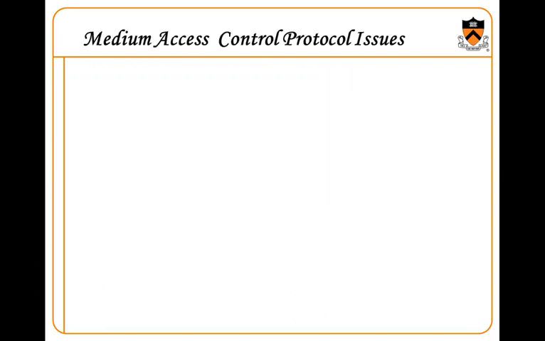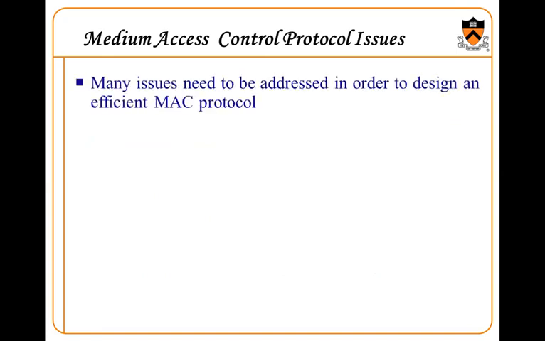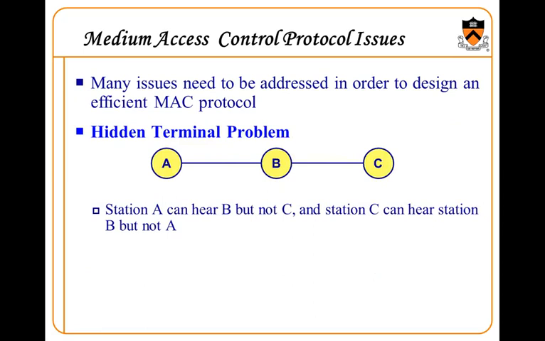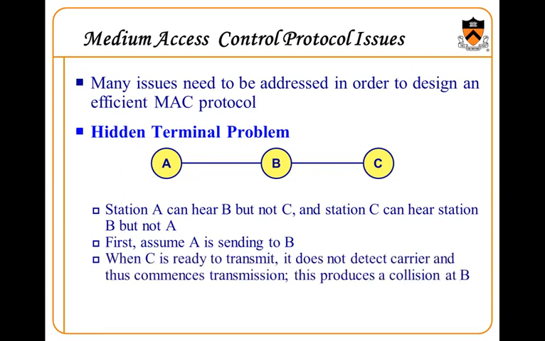As we discussed medium access control issues, we will again be discussing a specialized problem, the hidden terminal problem. There are many issues that need to be addressed in order to design an efficient MAC protocol, the medium access control protocol.